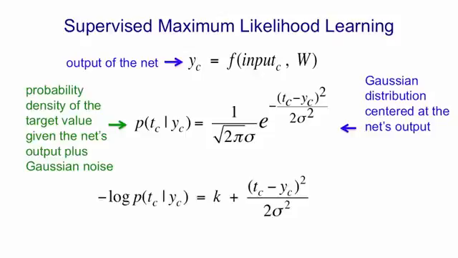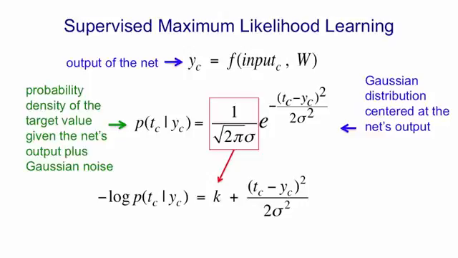If we now take logs and put in a minus sign, we see that the negative log probability density of the target value t_c, given that the network outputs y_c, is a constant that comes from the normalizing term of the Gaussian, plus the log of that exponential, with a minus sign in, which is just (t_c - y_c) squared, divided by twice the variance of the Gaussian.